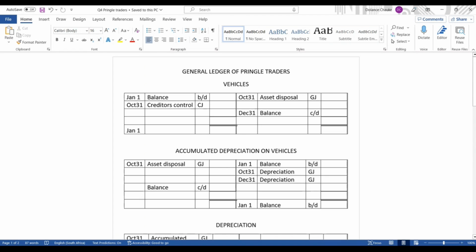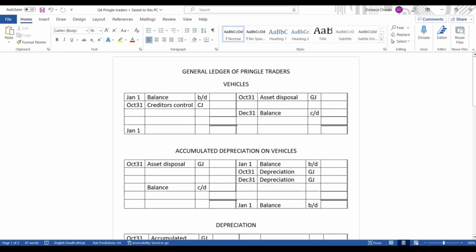Now, let's proceed. Firstly, we're going to determine the opening balance of the vehicles. How much is the opening cost price of the vehicles? That you can see: 360,000. Can everyone see that?